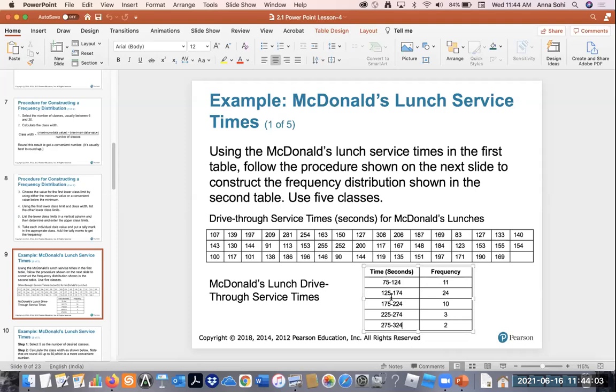We're going to talk about class boundaries, where you find the distance between 124, for example, and 125, 174 and 175, between two classes, the boundary between 224 and 225. So basically going vertically and finding half of them.